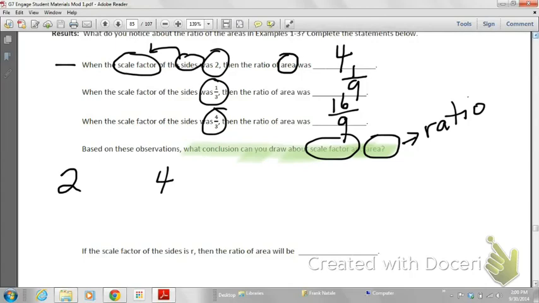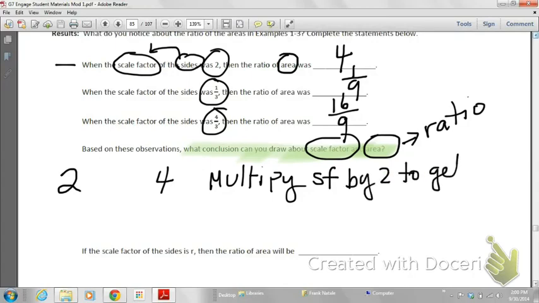So the relationship might be multiply scale factor by 2 to get area ratio. I'm just abbreviating here. You could have said, getting from scale factor to area ratio, you could have multiplied scale factor by 2 to get AR.